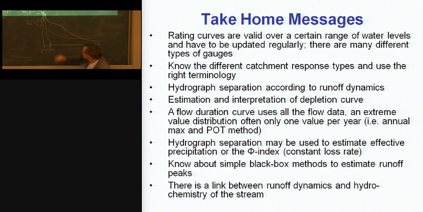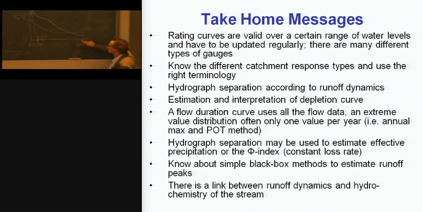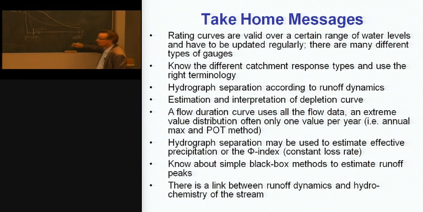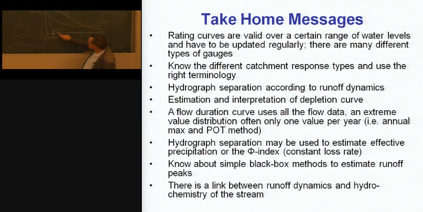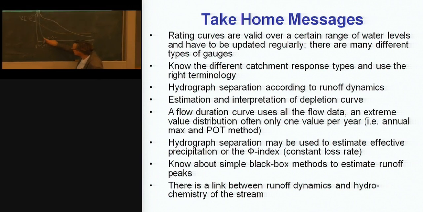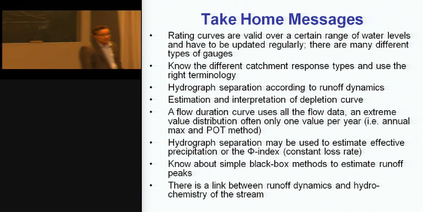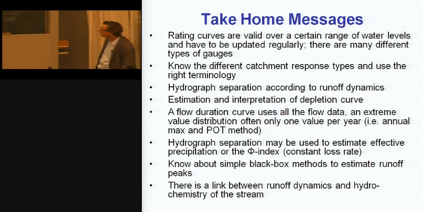If this is 20%, then in more than 20% of the time, so this is 80% of the time, it is always zero, no runoff. But between 10 and 20% of the time, discharge is in this area, and in less than 10% it is even higher. So you have a few days with very high discharge in this catchment. That's typical for an arid catchment.